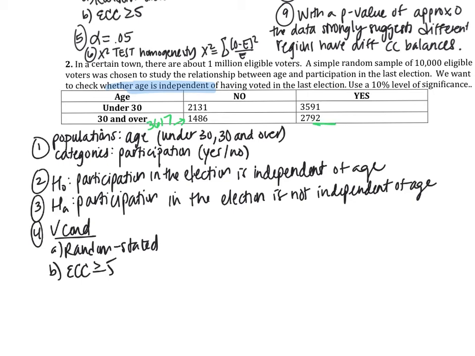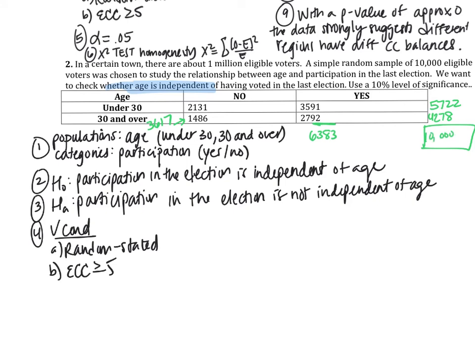And this is a total of 6,383. We've got a row total of 5,722 and 4,278 for a total of 10,000 people.